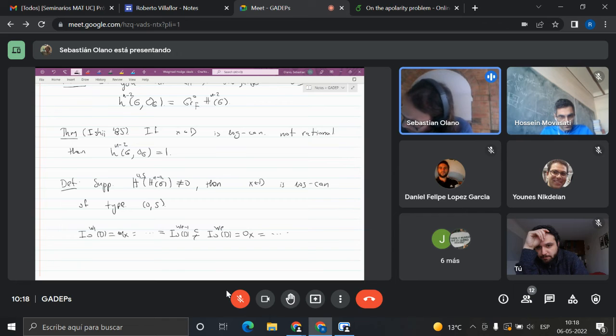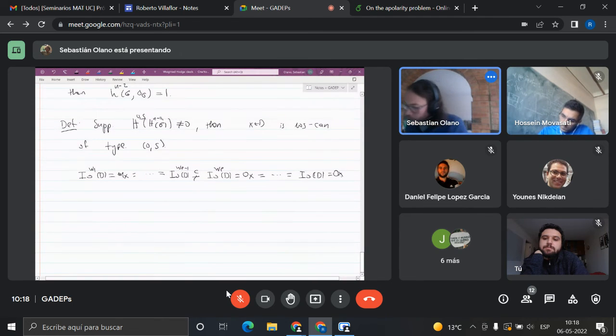And then you just have equality up until I_0 O_X. So we knew that I_0 D was O_X because they are log canonical, right? And if you remember, if I_0 is trivial, that is telling you that the singularity is log canonical. But in some sense, this is capturing that jump that appears in the name in Ishii, right?